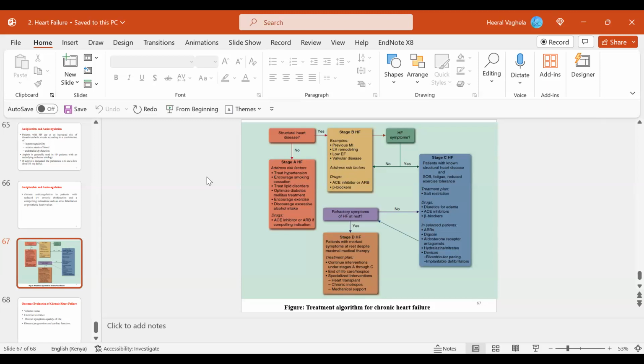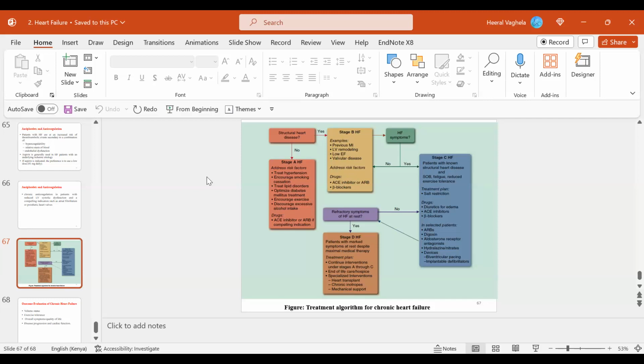Like I explained, your ventricles are not able to eject all of that blood out into circulation or to the lungs. So there's blood that is left in the ventricles. That's blood stasis. Blood just stays in the ventricles.